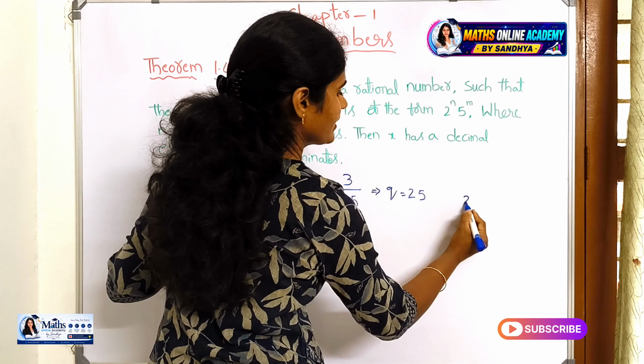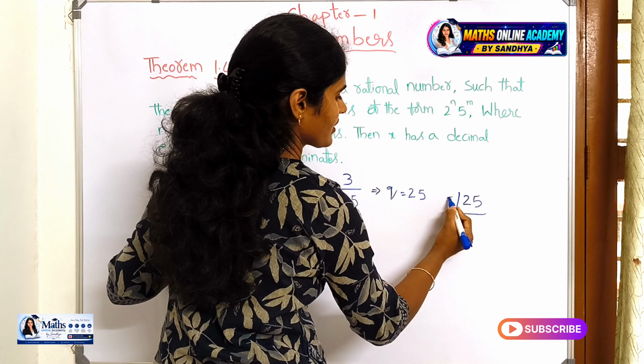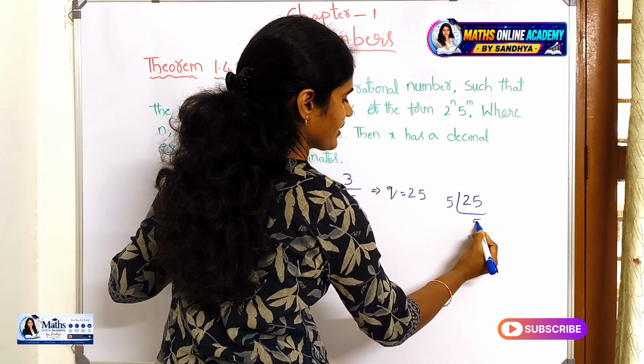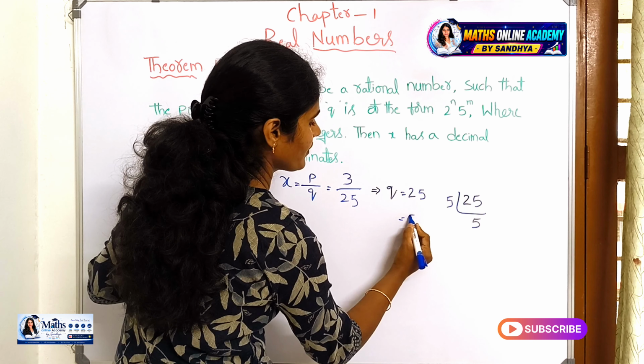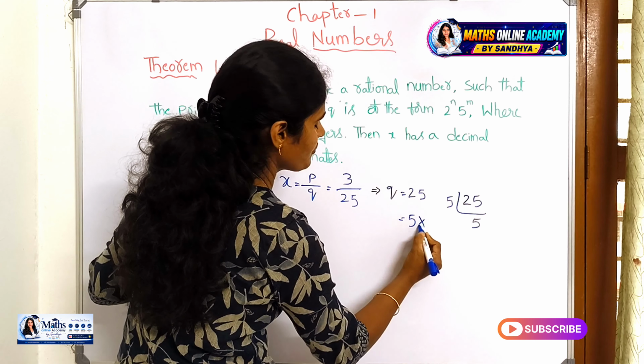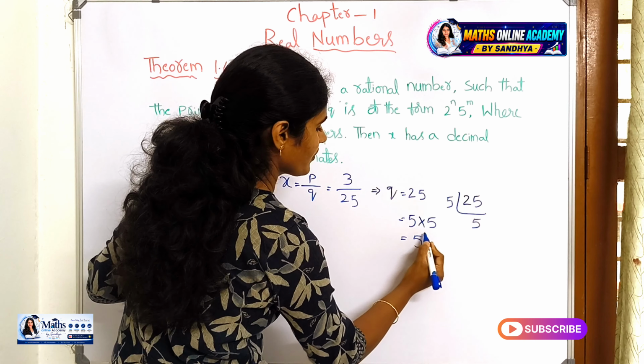So do the factorization. 5 fives, so you can write 5 into 5, which means 5 square.